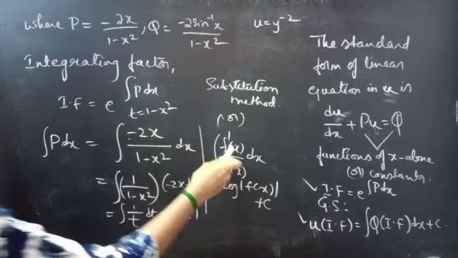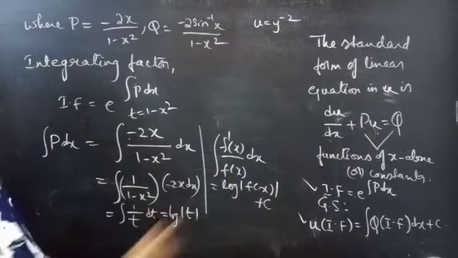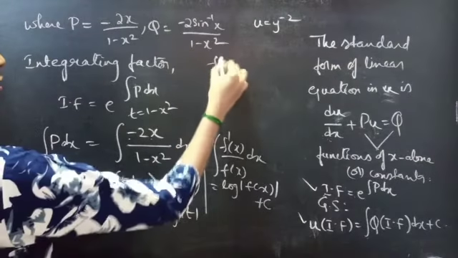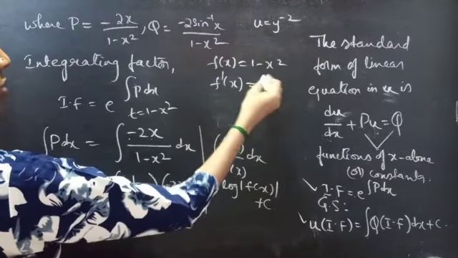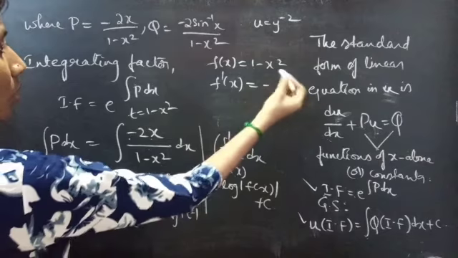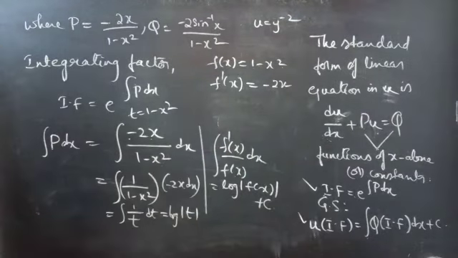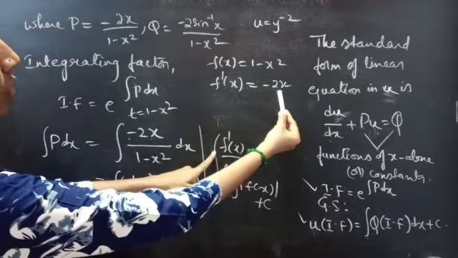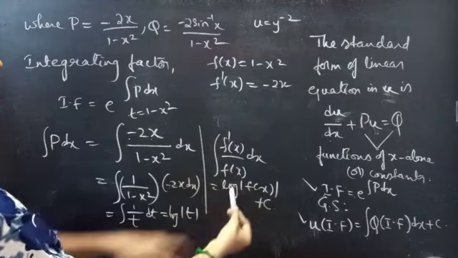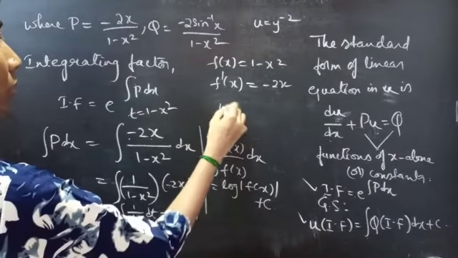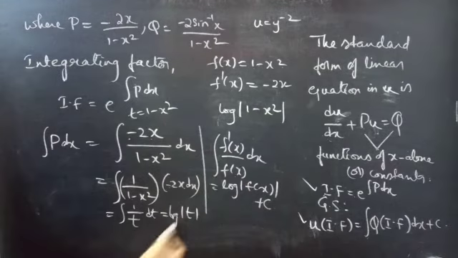You can also use the formula method. If f of x equals 1 minus x square, then f dash of x equals the derivative of 1, which is 0, minus the derivative of x square, which is 2x. So integral f dash of x, that is minus 2x, by f of x, 1 minus x square, dx is log mod f of x, that is 1 minus x square.